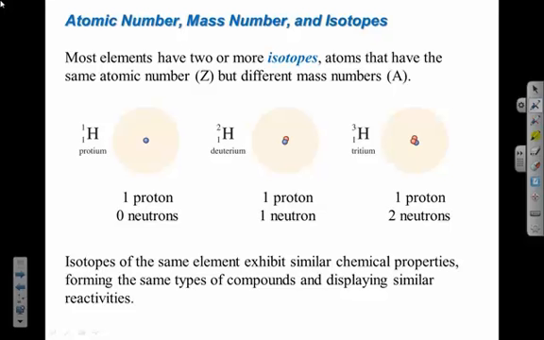So hydrogen comes in three forms. It comes as protium, it comes as deuterium, it comes as tritium. The protium and the deuterium, the first two, with a mass of 1 and 2 respectively, those two are naturally occurring. They are stable. Tritium also occurs naturally.